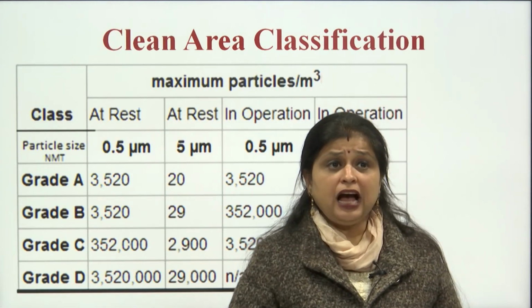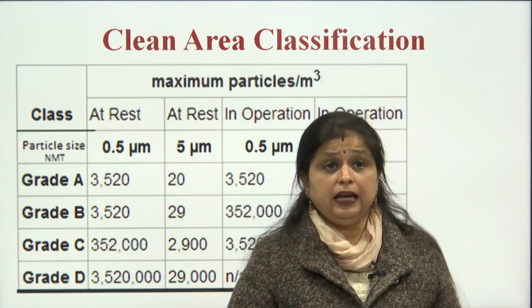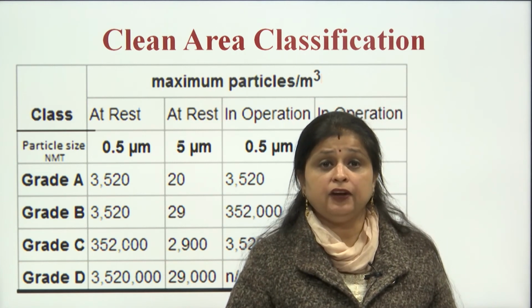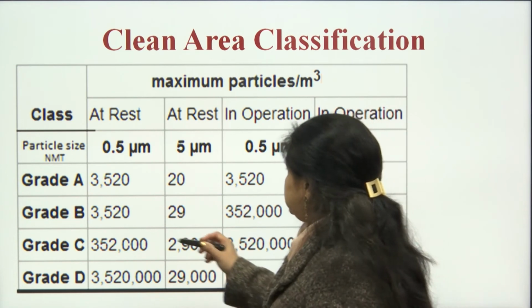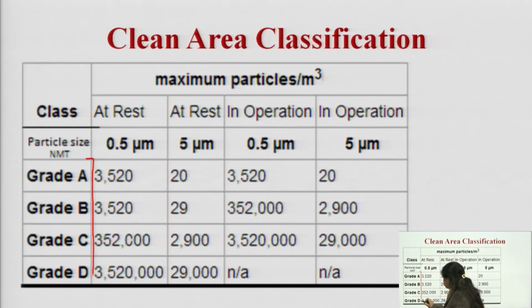So now, what are these grades? Grade A, grade B, grade C and grade D. As you can see, pharmacopoeias have mentioned the limits of particles which can be present within these areas.